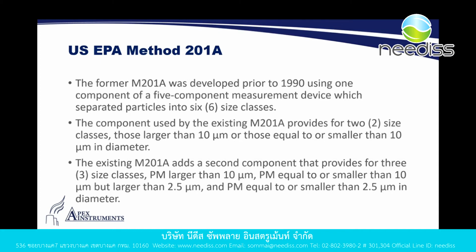So the EPA themselves figured that this was a very difficult test to repeat and get the same or similar results every single time due to the variation of those captures. So the EPA went looking for a device that could have a constant capture size of particle in each particular stage.